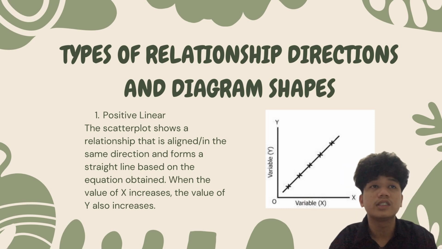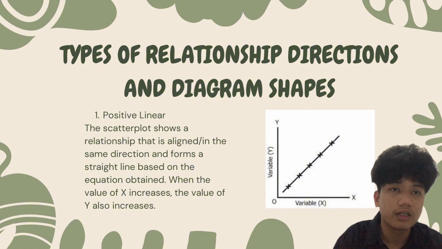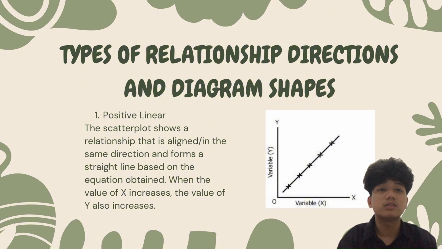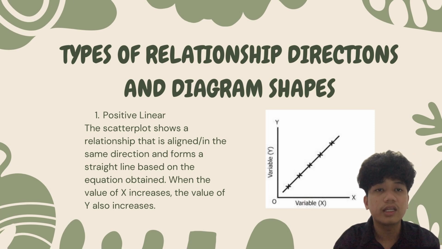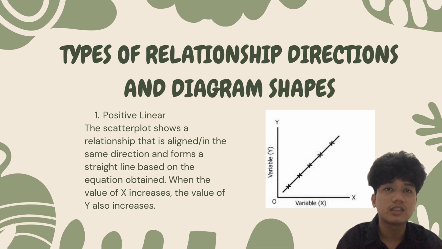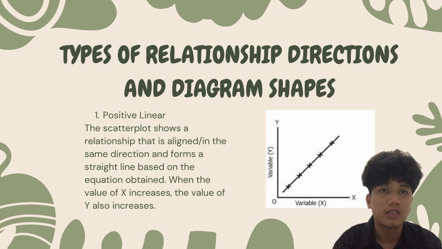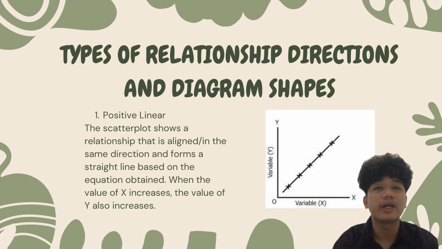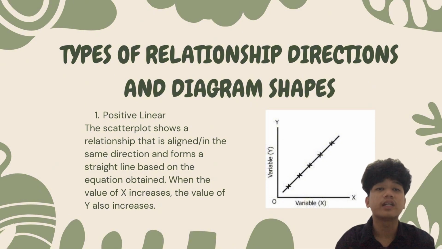Types of relationship, direction, and diagram shapes. Number 1. Positive linear. The scatter plot shows a relationship that is aligned in the same direction and forms a straight line based on the equation obtained. When the value of x increases, the value of y also increases.